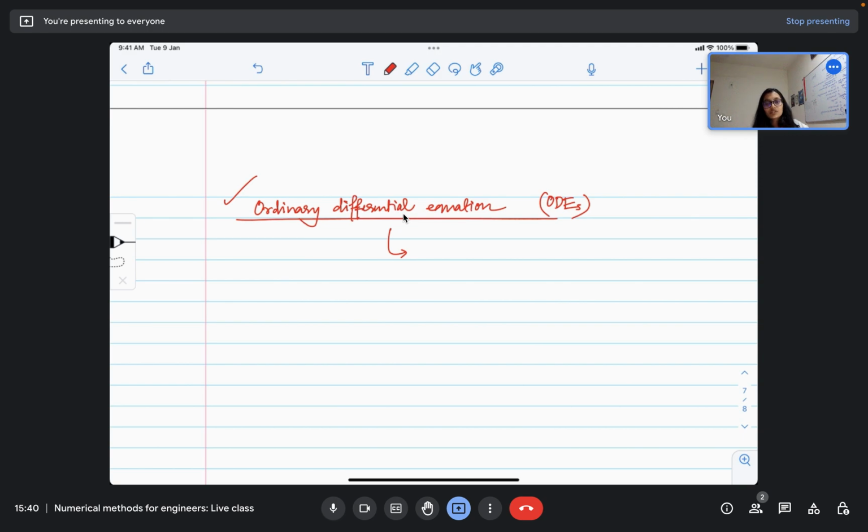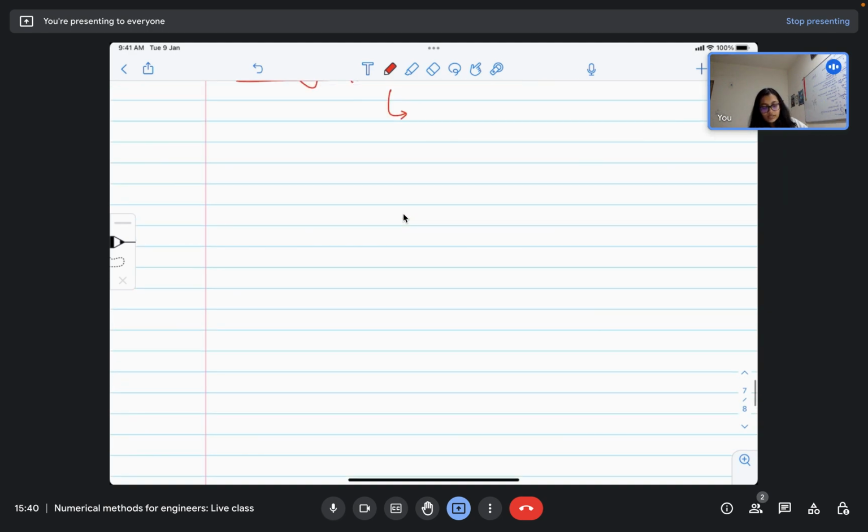So differentiation in some parts, integration in some parts, and hence the syllabus evolves in this way: we first learn numerical differentiation, then numerical integration, and then we move on to ODEs.